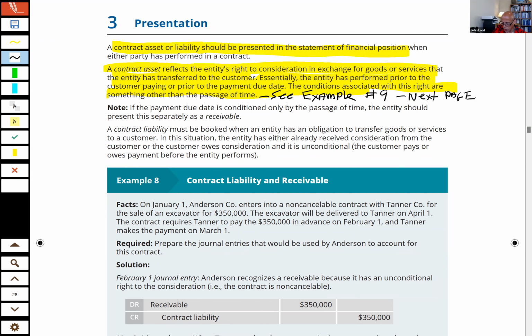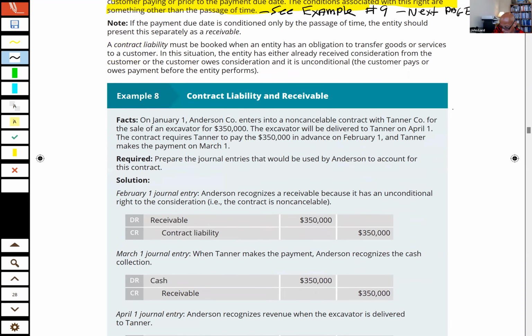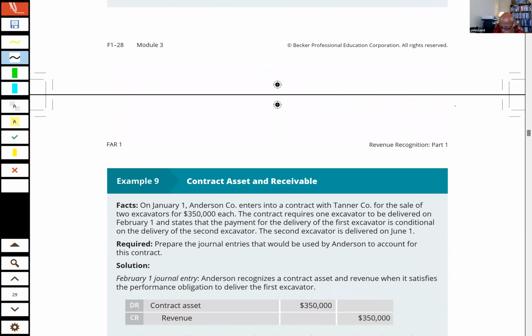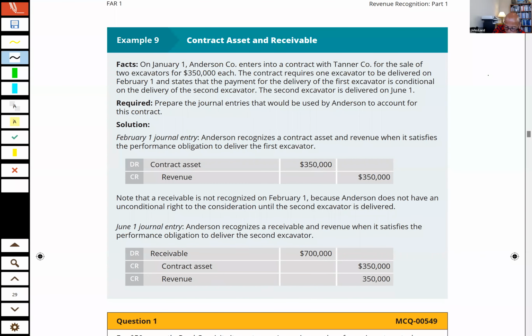So I just want to go to that right now, because then they start getting into the liability, and they give you an example of a liability. Meanwhile, they didn't give us an example of the asset until the next page. So let's just go there now. Okay, so let's just take a look at a contract asset.